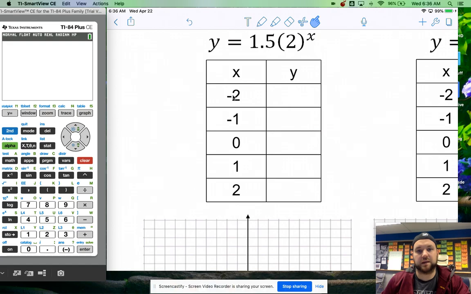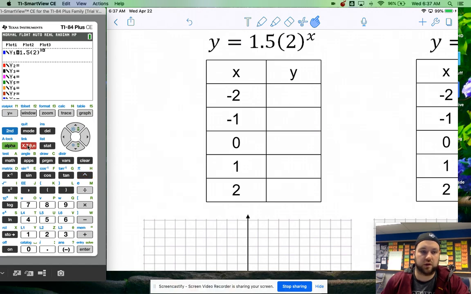I could type each one individually, just like in the warm-up. But if I have lots of values to type in, I'm going to go to y equals and type the equation in exactly as it looks: 1.5 times 2 to the power of x. This is the variable button on your calculator right next to the alpha key.